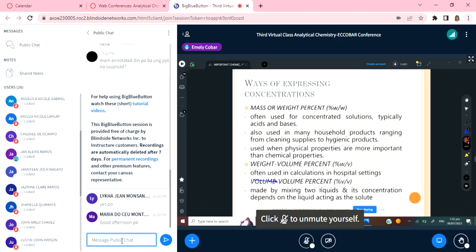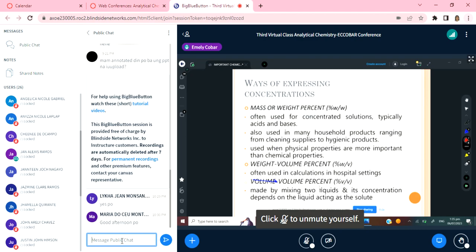So, these are additional notes, ito yung nandun sa module. Mass percent or weight percent, which is simply percent weight over weight. This is often used for concentrated solutions, typically acids and bases.